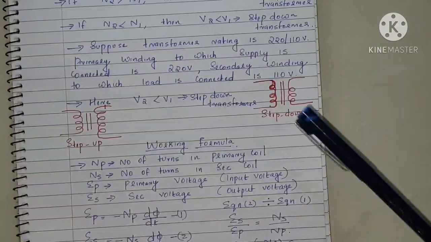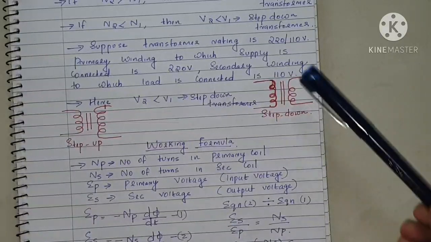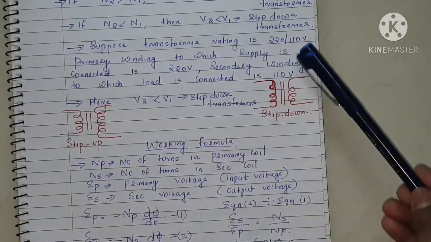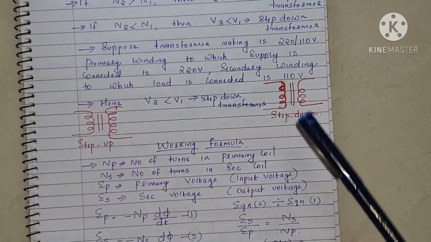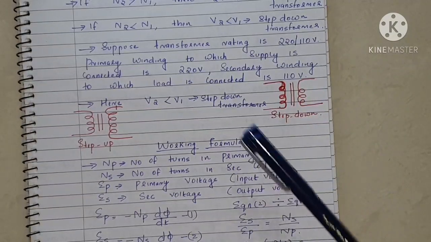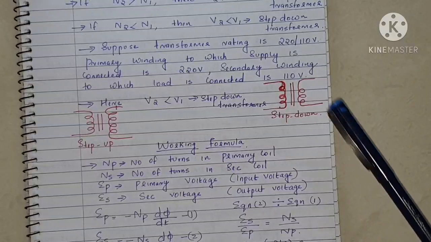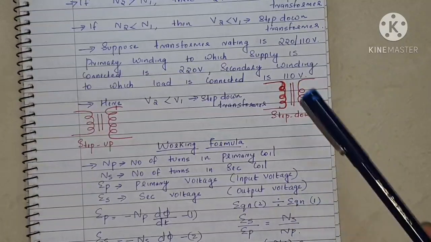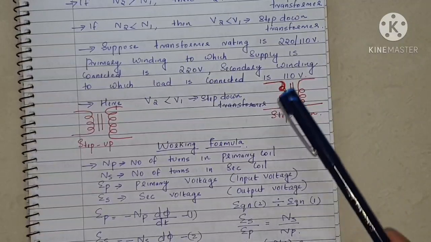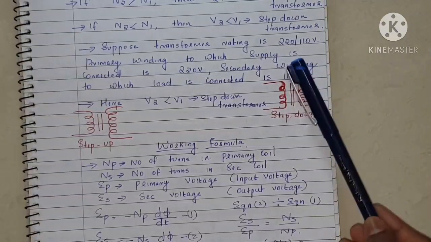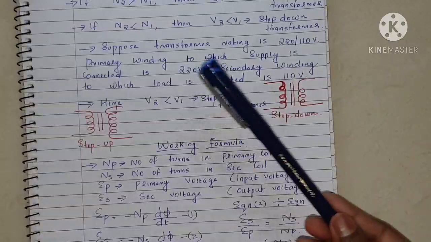Suppose a transformer rating is given as 220 volt by 110 volt. Then the primary winding to which supply is connected is 220 volt, and the secondary winding to which load is connected is 110 volt. Here 110, that is the secondary voltage, is less than the primary voltage 220 volt.